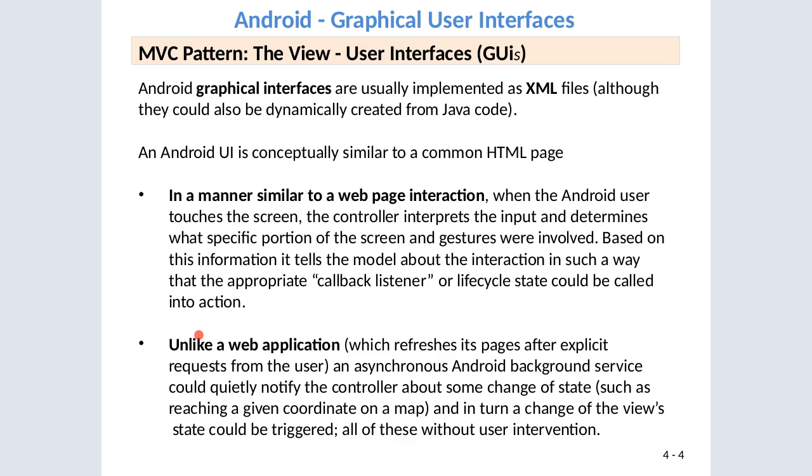So in this case, you have said, in a similar manner to a web interaction, when the Android user touches the screen, the controller interprets the input and determines what specific portion of the screen and gestures were involved. But the one difference you'll find between an Android app and a web application is, for example, for any content on your web page to change, there is a likelihood that the address or the URL will reload.